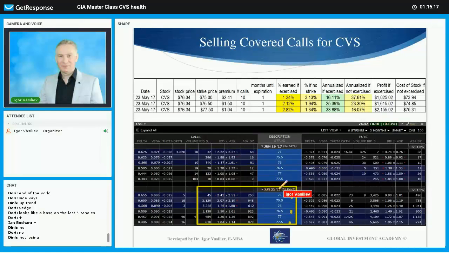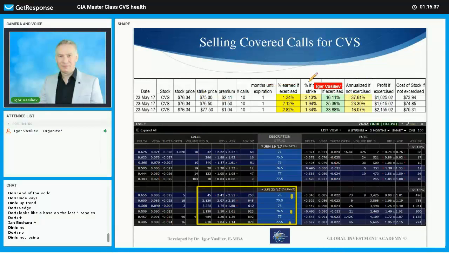Also, I looked at June 23rd. You can look at other expiration dates. You can go for June 16th, or even two expiration dates earlier. You can sell it for 1 week only, or 2 weeks only. That's up to you.